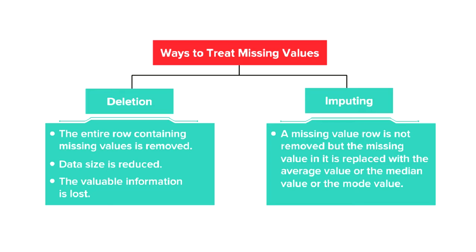But here is an important point to consider. When we are dealing with missing values in the target variable, it is not recommended to use the imputation method to treat the missing values. Now you might ask why. This is because the predictive models in machine learning learn from the target variable.